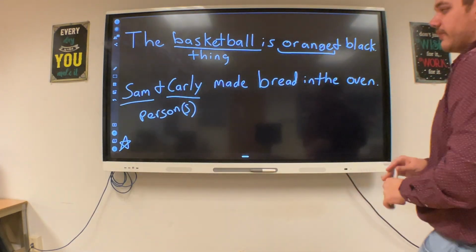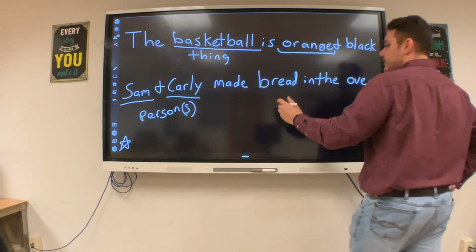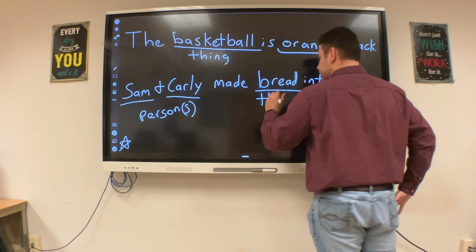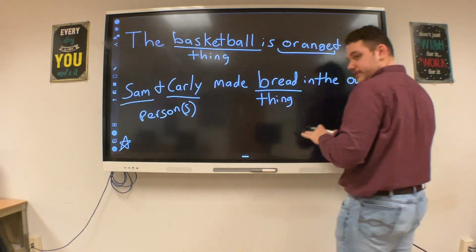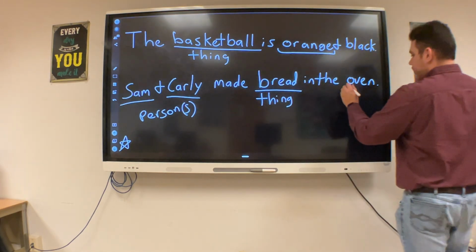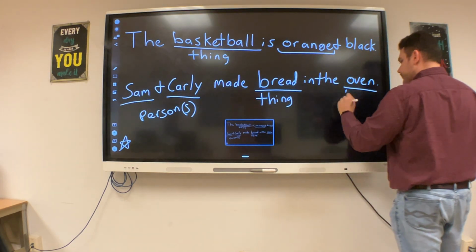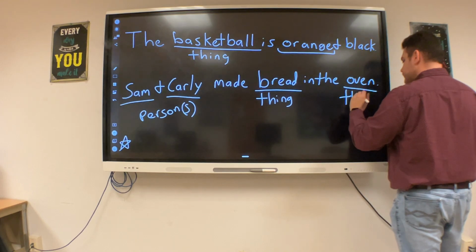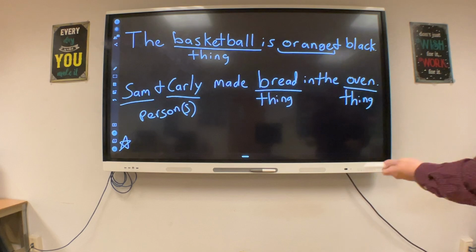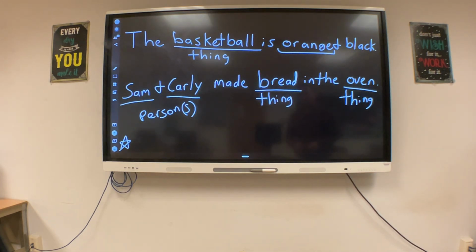So we have our two persons, Sam and Carly. They made bread, which is going to be a thing. We can touch bread. Once it's cooked, we can take it out of the oven, we can touch it. It is a thing. And oven would be the same thing. It's a kitchen device, but it is a thing. We can't physically turn the knob on and let it cook our bread.